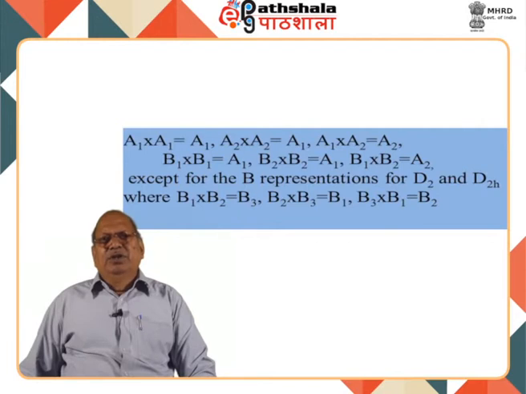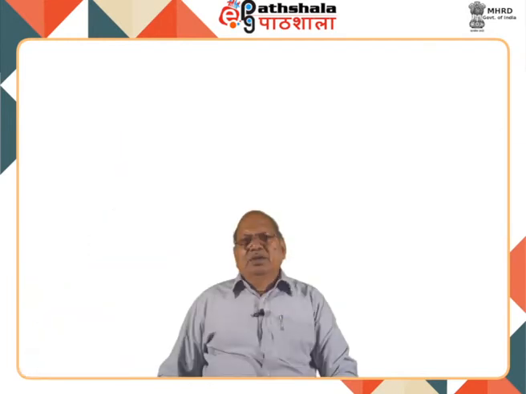Except for the B representations for D2 and D2H, where B1 B2 is equal to B3, B2 B3 is equal to B1, B3 B1 is equal to B2. That is, in point groups where we have more B type irreducible representations. Here it is D2 and D2H, which I have taken over here.